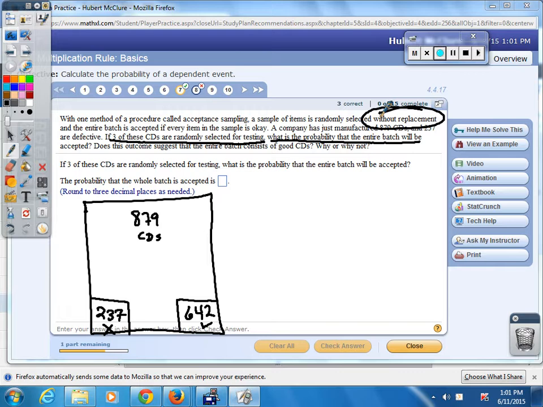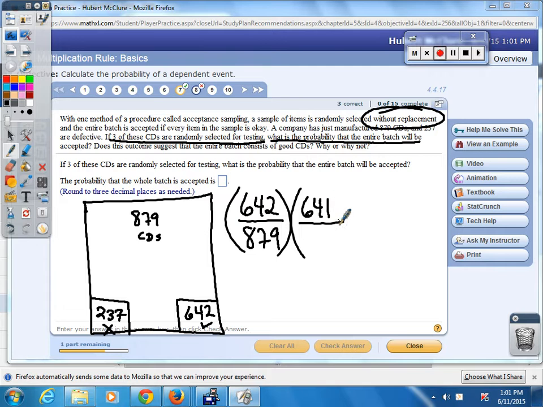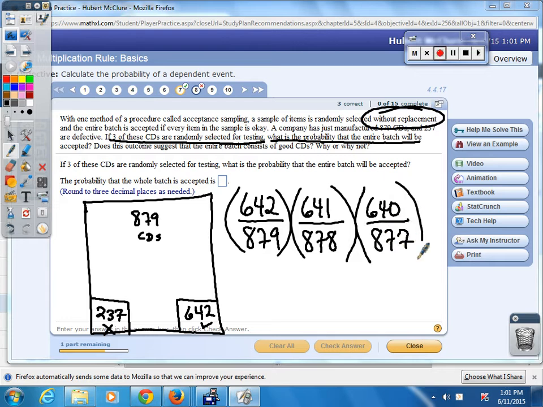So 642 over 879 times what? 641 over 878 times... over. Okay, why do I stop there?